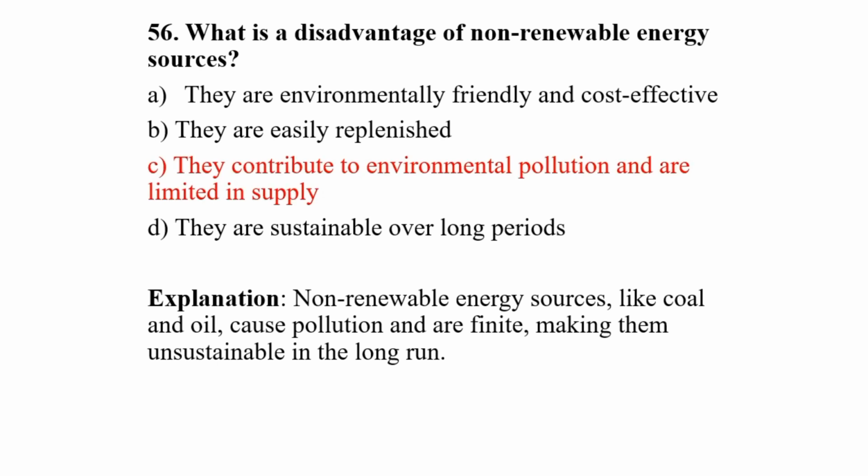The answer will be they contribute to environmental pollution and are limited in supply. Non-renewable energy sources like coal and oil cause pollution and are finite, making them unsustainable in the long run.